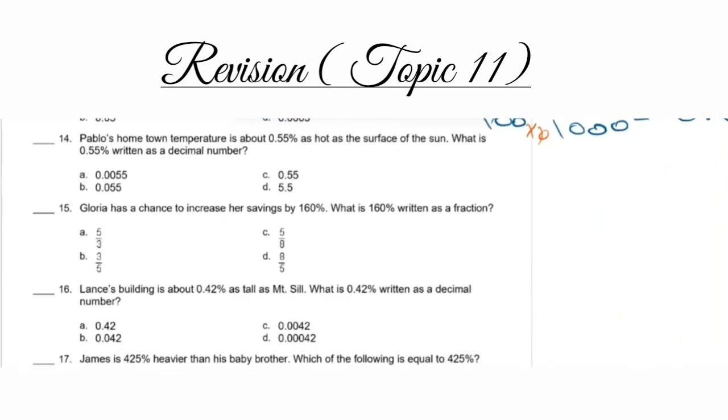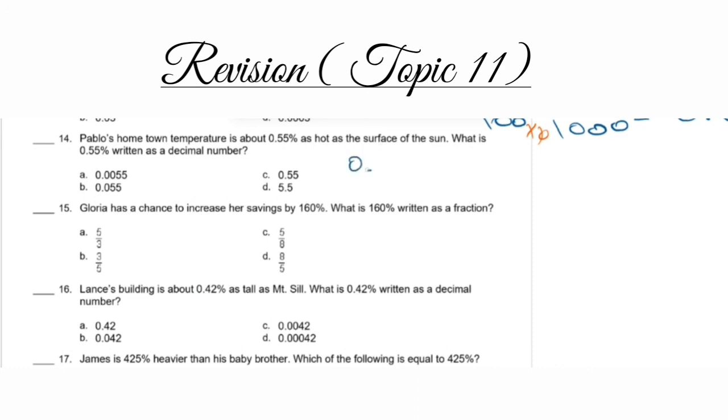In question number 14, Pablo's hometown temperature is about 0.55% as hot as the surface of the sun. What is 0.55% written as a decimal number? Let's do the same.